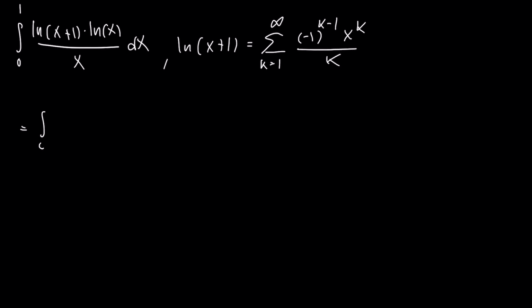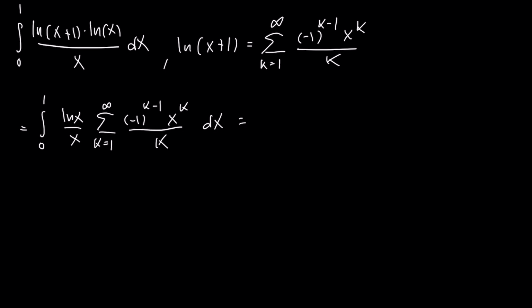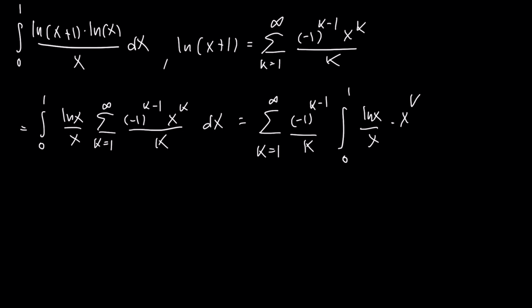So this is equal to the integral from 0 to 1 ln x over x, and the sum from 1 to infinity, negative 1 to the k minus 1, x to the k over k dx. And swapping the sum and integral, we have the sum from 1 to infinity, negative 1 to the k minus 1 over k, and the integral from 0 to 1 ln x over x times x to the k dx.